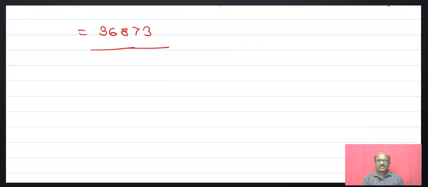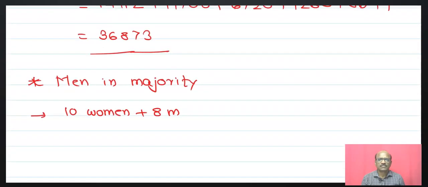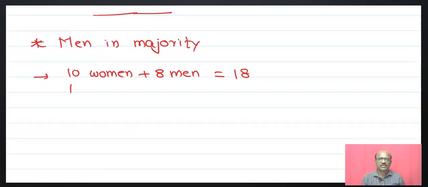Now the next is men in majority. That is 10 women plus 8 men, so the total is 18.